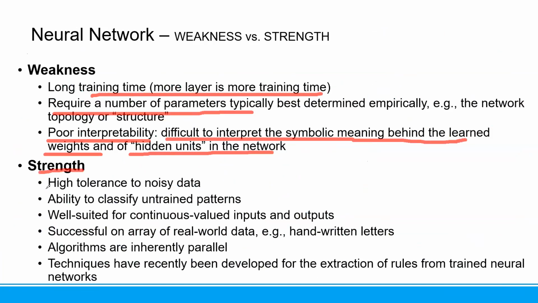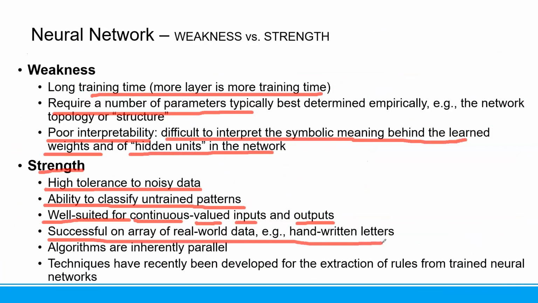But the strengths are high tolerance to noisy data and the ability to classify untrained patterns. So if you cannot find some patterns in the training data, it can still classify. Well suited for continuous-valued inputs and outputs. And it is successful on real-world data, such as handwritten letters.